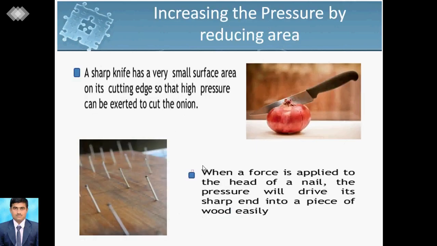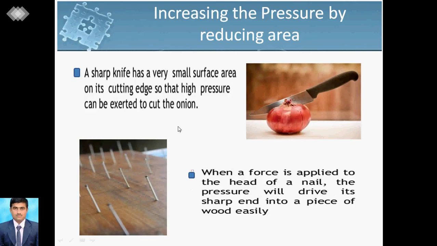Now next, when you cut an onion, high pressure is created on the smallest area. So this is an example. Now when you increase the force on the head of the nail, it can be placed easily.